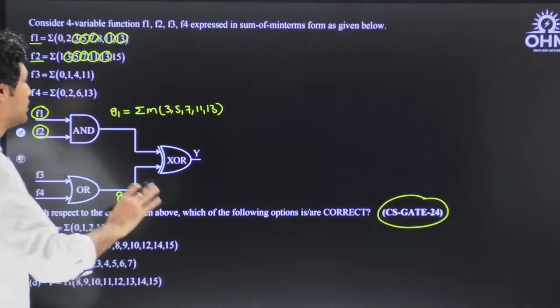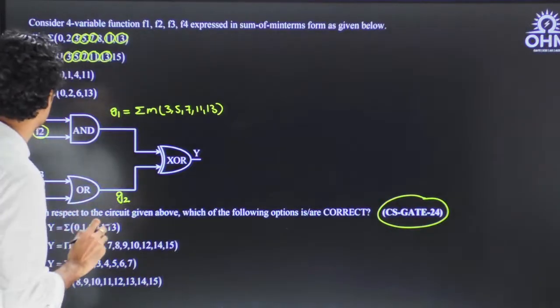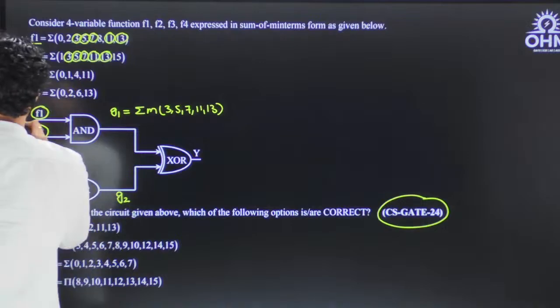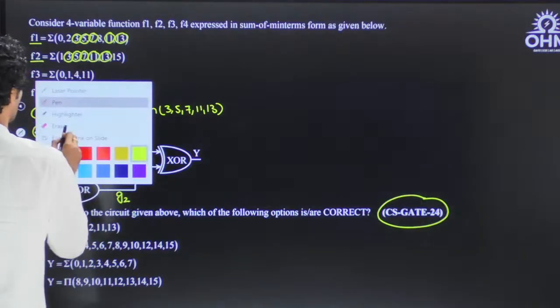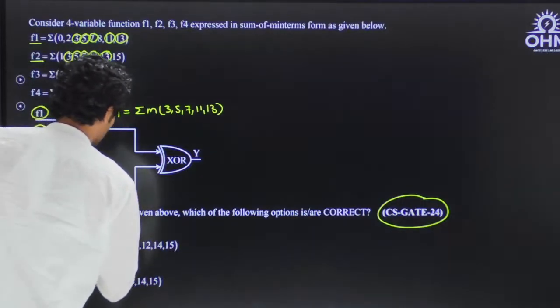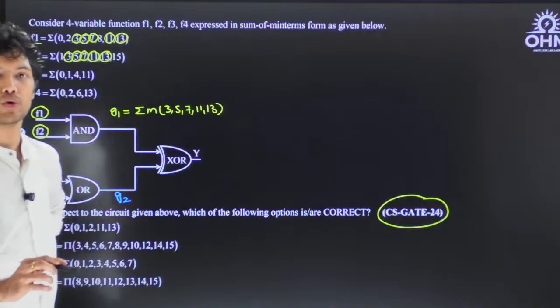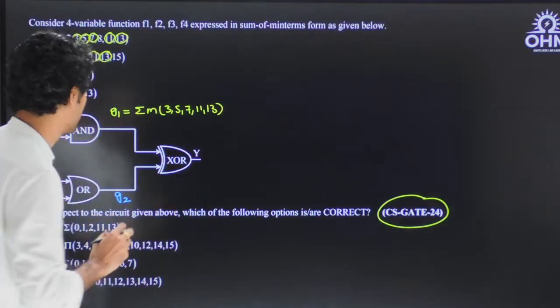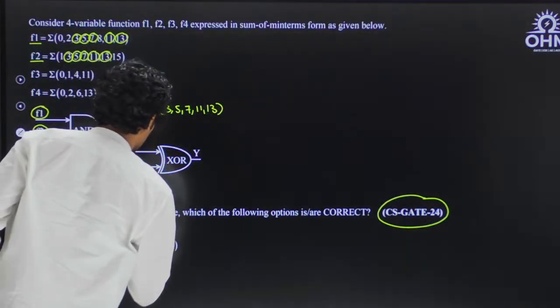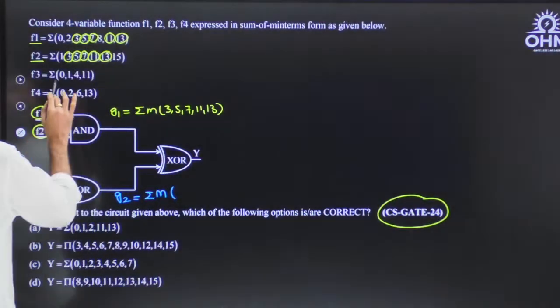Please notice that whenever you use this approach, problem solving becomes very simple. Next, we have G2. But this is an OR gate. So in an OR gate, we have to merge both the minterms. So G2 is equal to sigma minterms. What is the list we have? 0, 1, 4, 11.